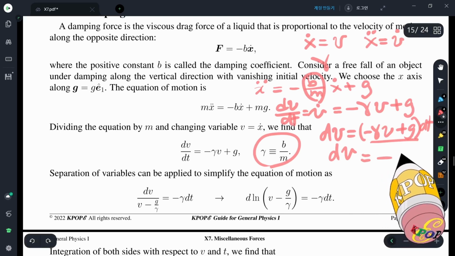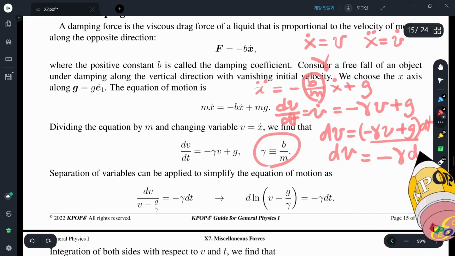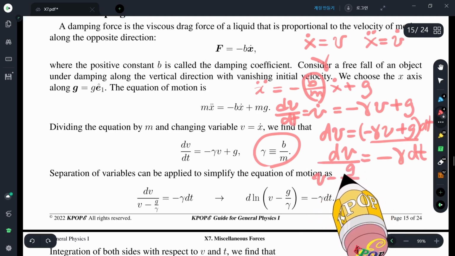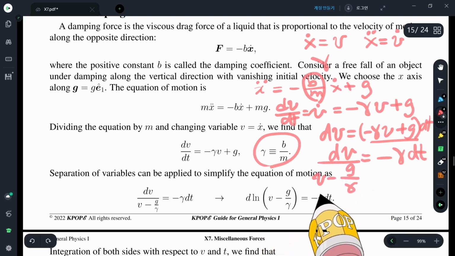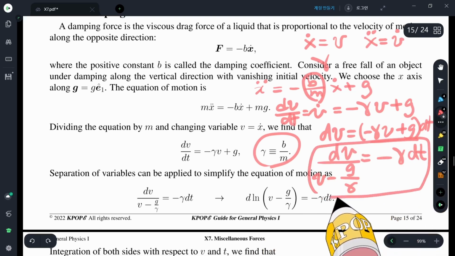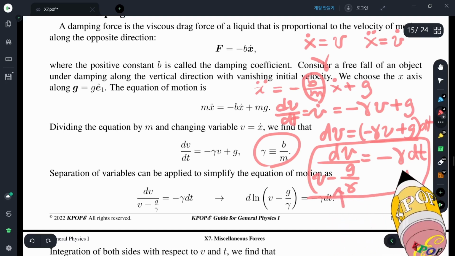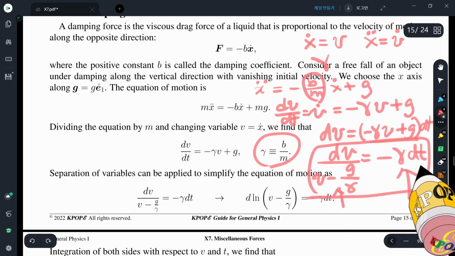Well, why don't we keep gamma, minus gamma in here? Then this is v minus g over gamma. What a simple equation it is. We can integrate. This is a log. This is just a simple t.